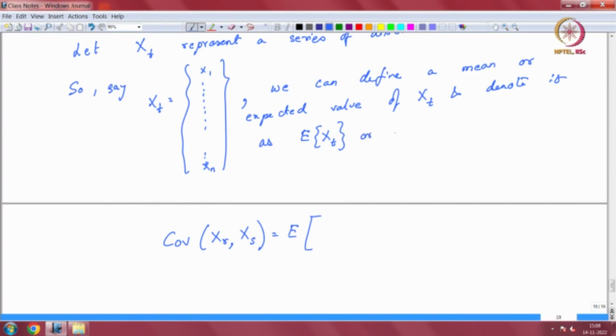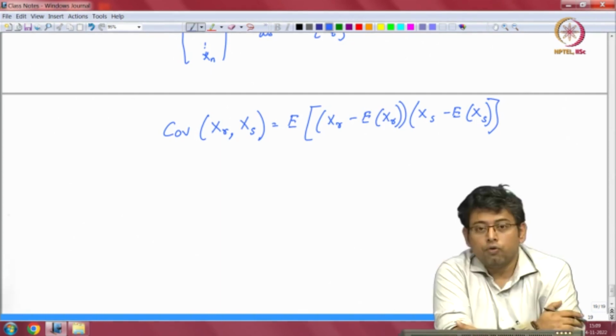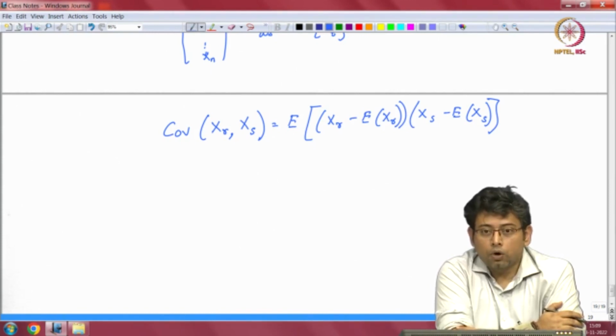Sometimes people just use mu. Now if you have to define something called the auto covariance function, then the word auto implies that you are using the same series data.